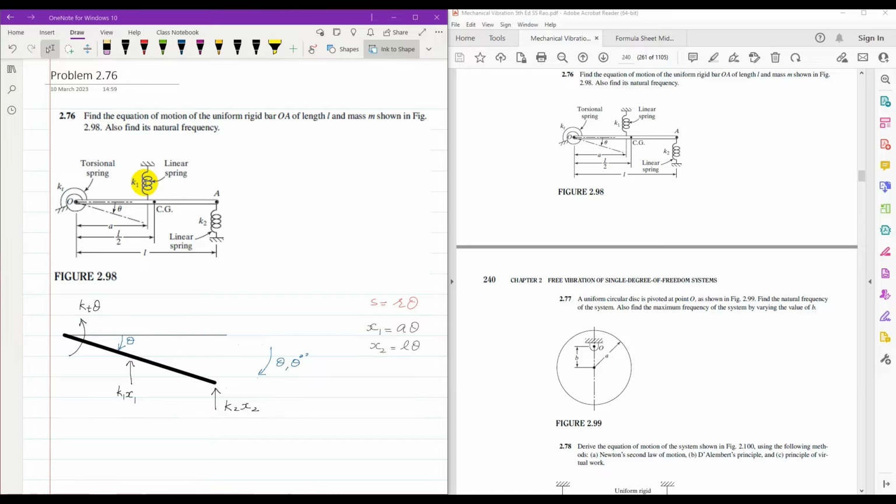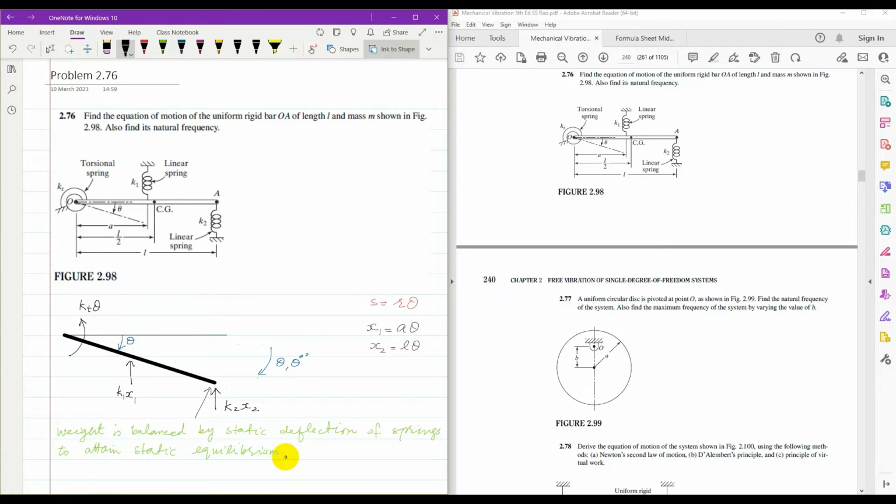So it is cancelled, and we are not going to consider weight in this case. The weight is balanced by the static deflection of the springs to attain static equilibrium, so we are not going to consider it.